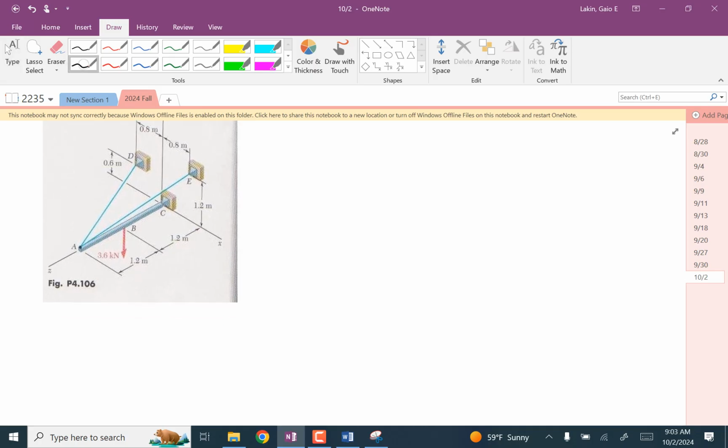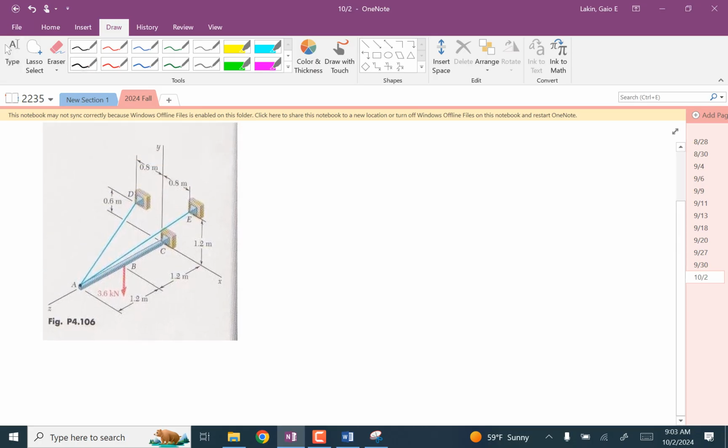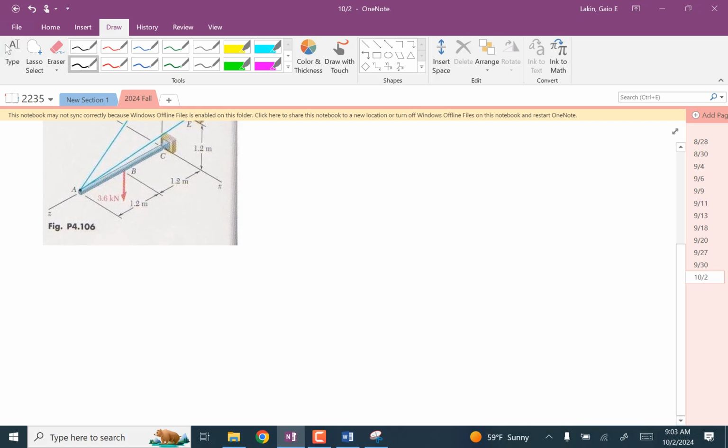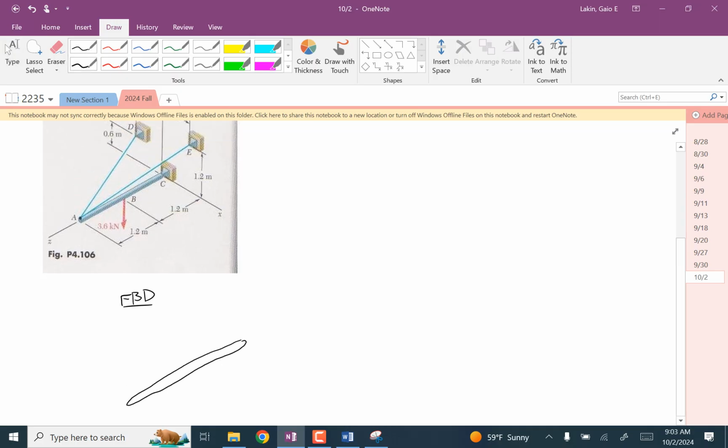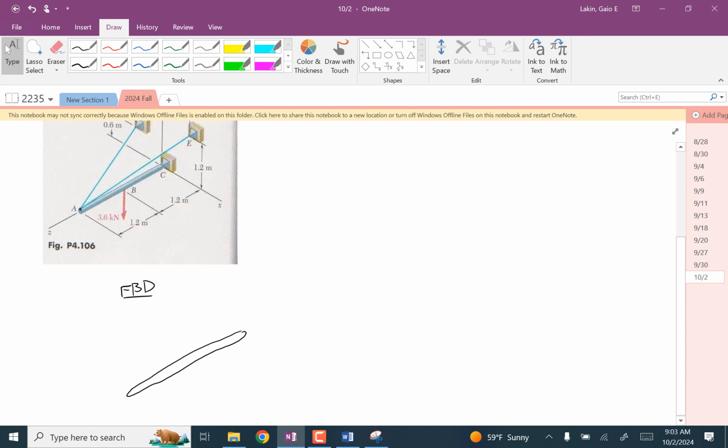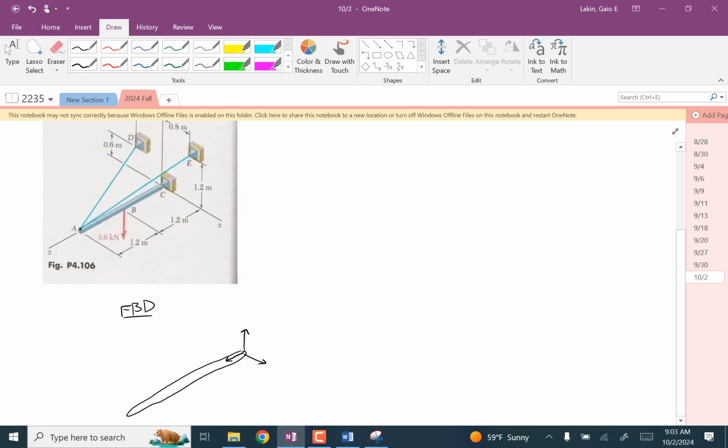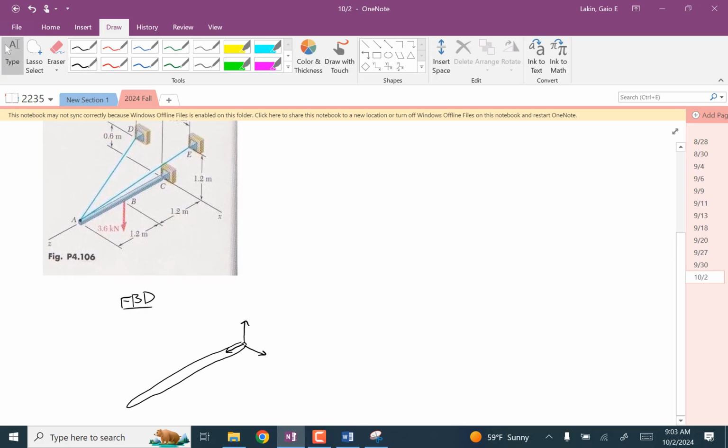All right, so with number 11, you have a ball and socket joint here, and I'll just call that RC.